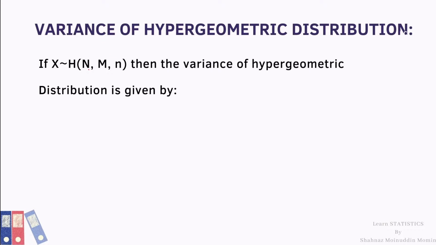If X follows a hypergeometric distribution with parameters n, m and N, then the variance of the hypergeometric distribution is given by, by definition, variance of X is equal to expectation of X square minus the bracket expectation of X square.